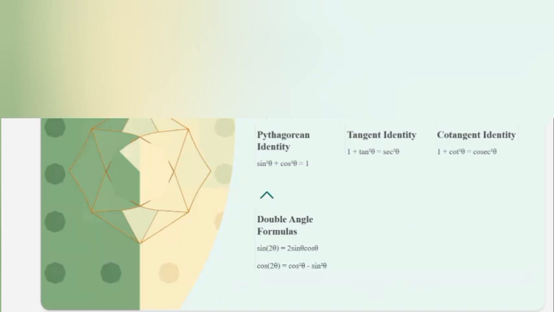So you can just pick a random angle that you know, let's say 60 degrees. We plug in 60 degrees here, plug in 60 degrees here, and do sine squared 60 plus cos squared 60. If this identity is correct, then your answer should be 1, which it will be, because this identity is actually correct.